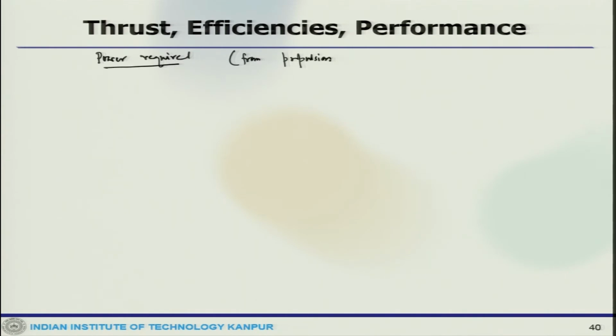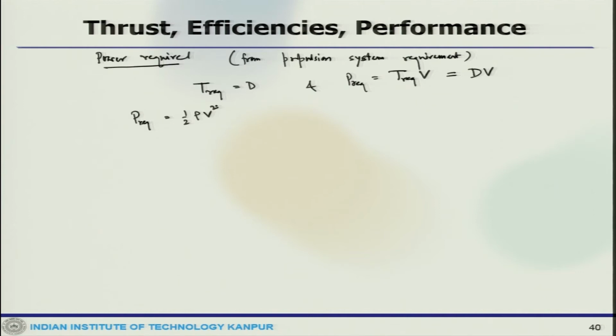What we get is T required would be drag, and power required would be T required into velocity, which is D into V. So power required would be half rho V square S C_D0 plus W square by half rho V S times 1 by pi E aspect ratio.